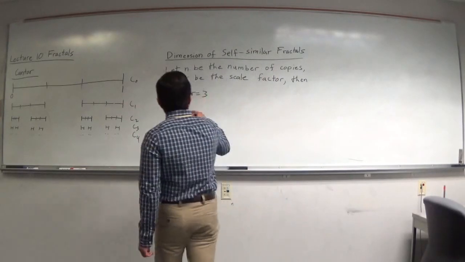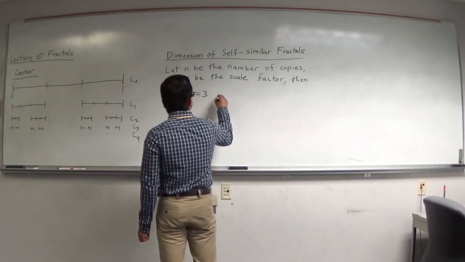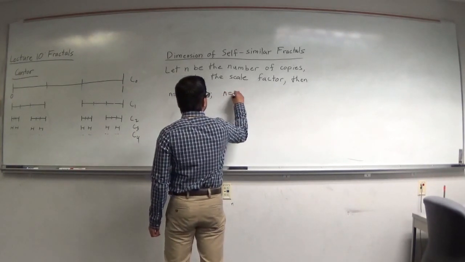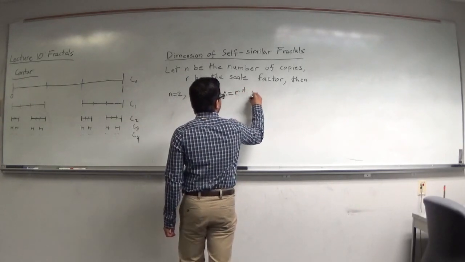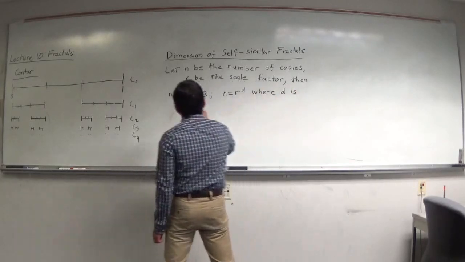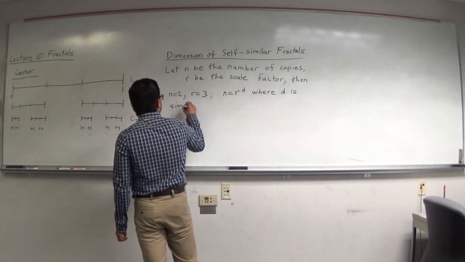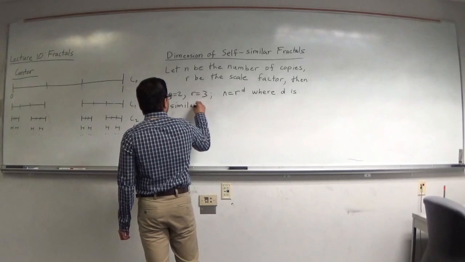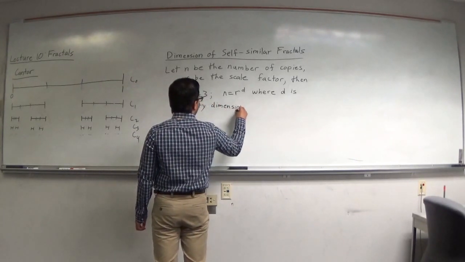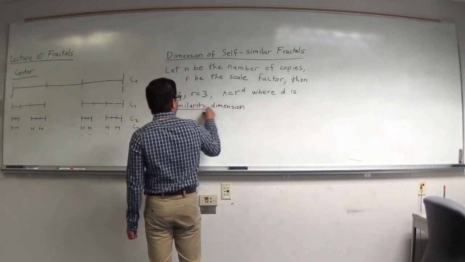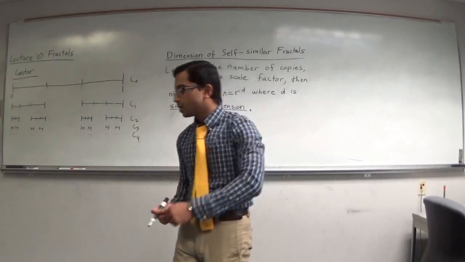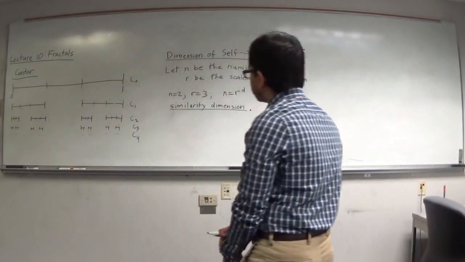So we're going to write n equals r to the d, where d is the similarity dimension. This only works for self-similar fractals, which are fractals that make copies of themselves.